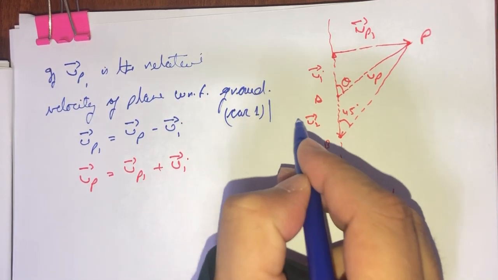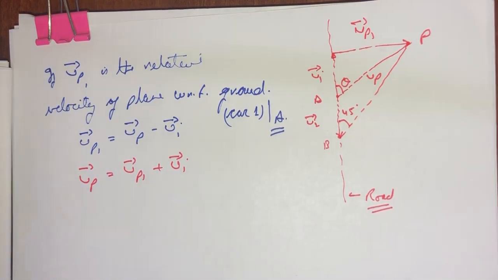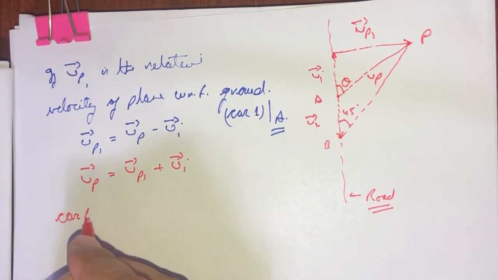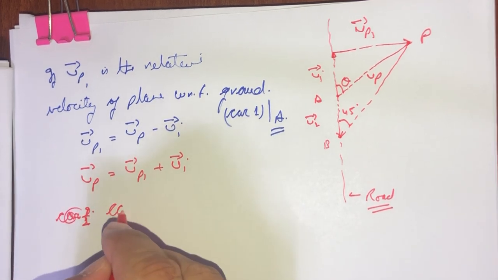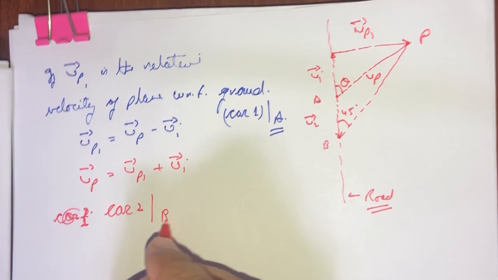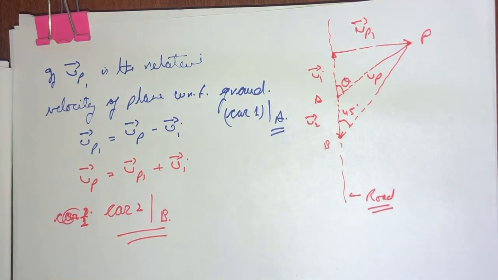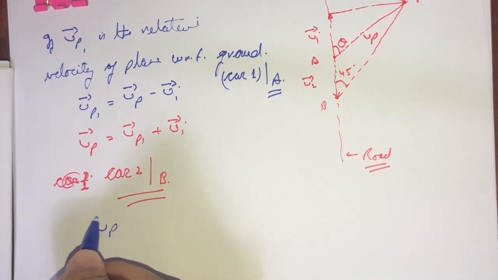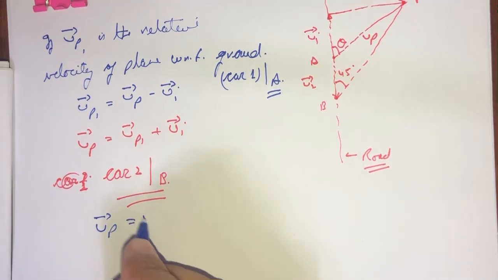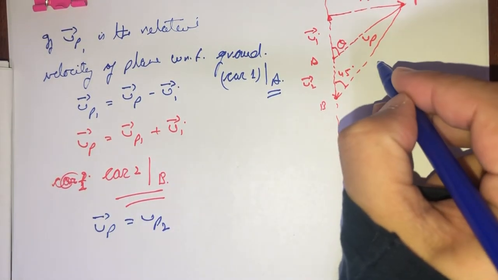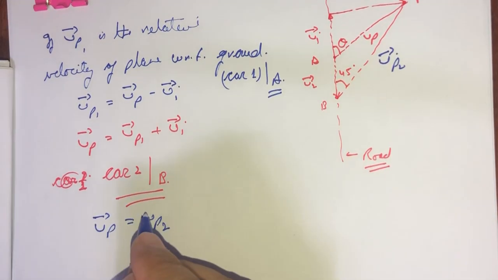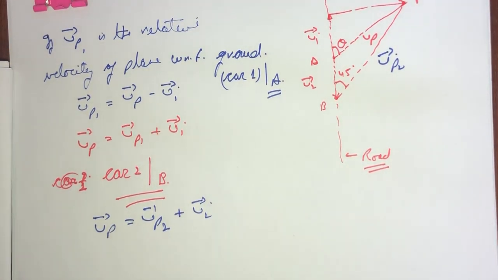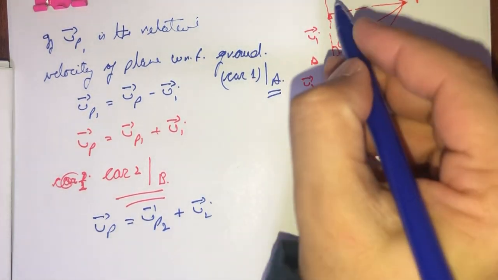Car 1 means which is going to start from point A. Similarly for car 2, which starts from point B, the same or similar equation we can write that Vp can be given as Vp2 plus V2. So let us call this point as O.